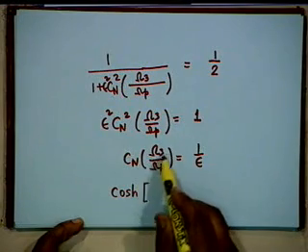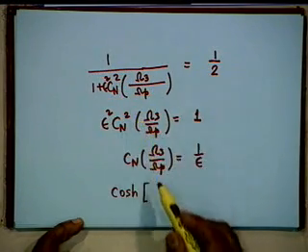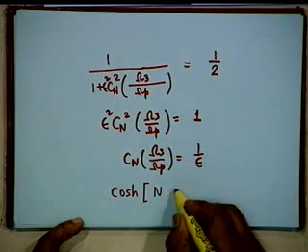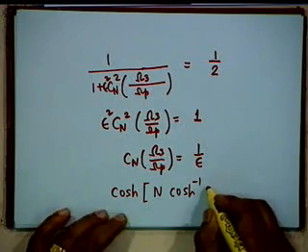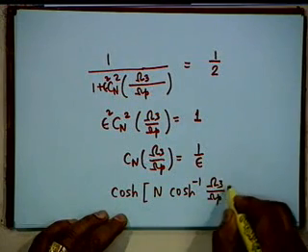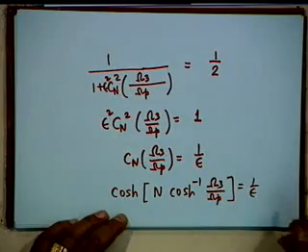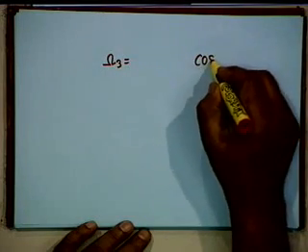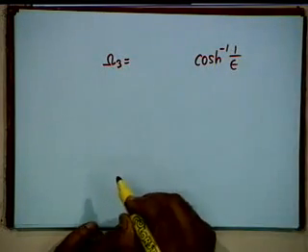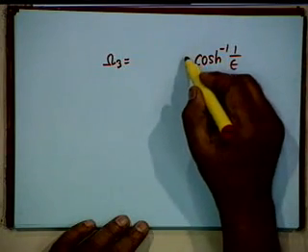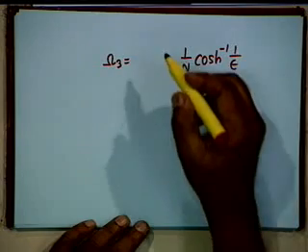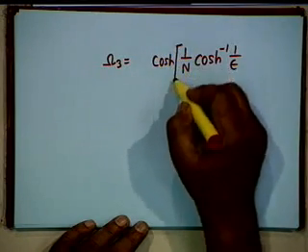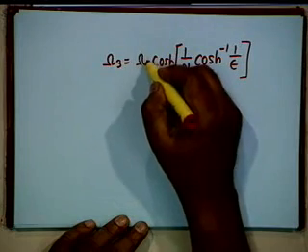Cn squared, I have taken the square root of it. Next equation, Cn of omega 3 by omega p is equal to 1 by epsilon. So cosh of n cosh inverse of omega 3 by omega p is equal to 1 over epsilon, from which you can find out the expression for omega 3, that should be equal to cosh of 1 over n times cosh inverse of 1 by epsilon, the whole thing multiplied by omega p.